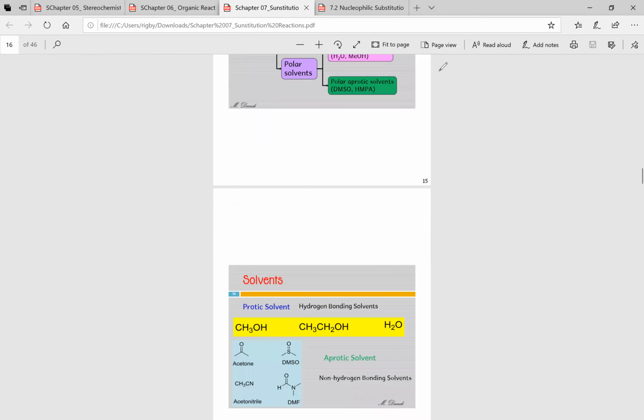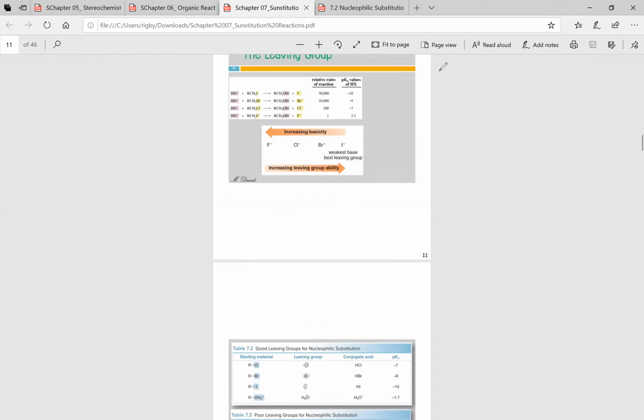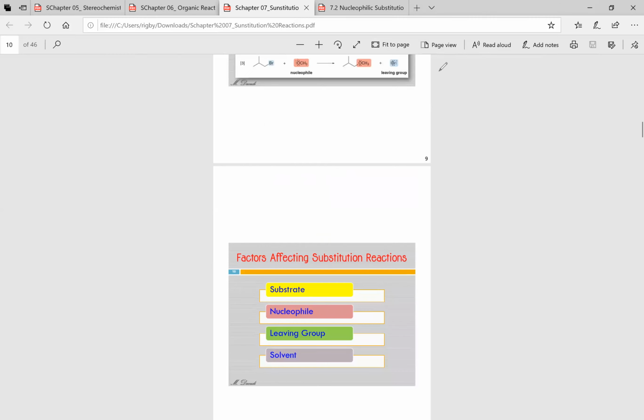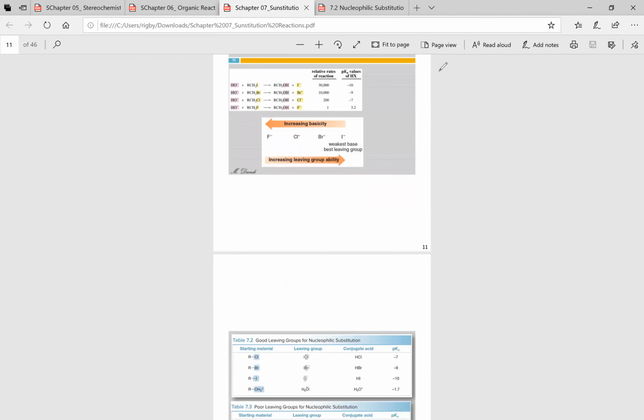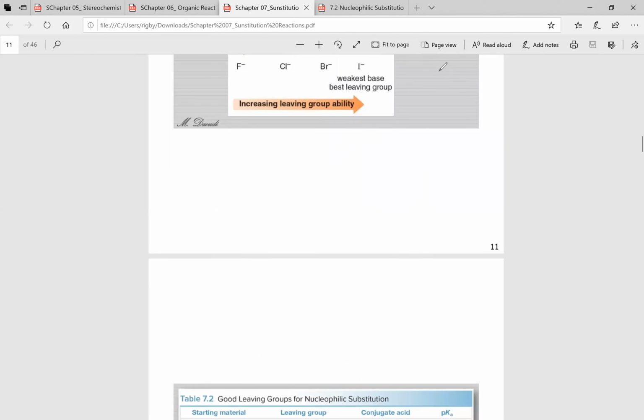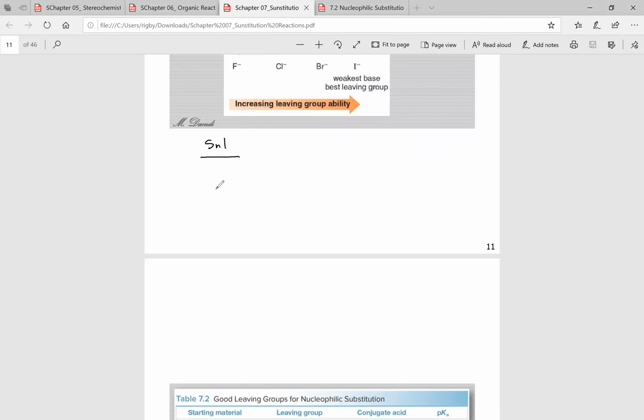So now let's talk about what actually makes Sn1 and Sn2. Well, again, like we said before, Sn1 and Sn2 are defined by one of them being one step, one of them being two steps. And when we look at Sn1, we can see that it creates a carbocation. So let me just draw an example here. The carbocation stability very strongly affects whether or not something's going to be Sn1 or Sn2.